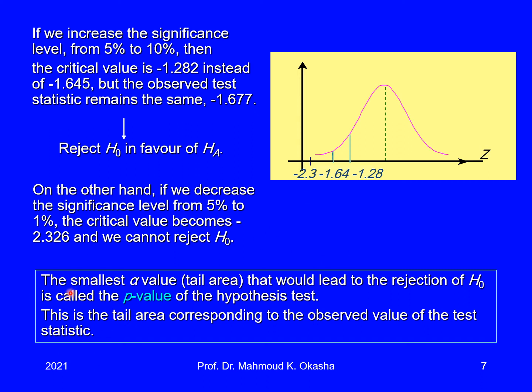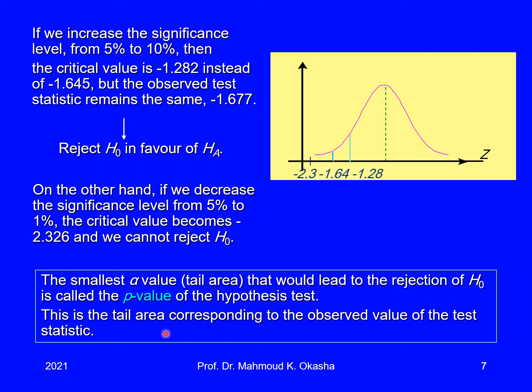The p-value is the smallest alpha value, the tail area, this area, that would lead to a rejection of the null hypothesis. That is what we call the p-value of the hypothesis test, right?